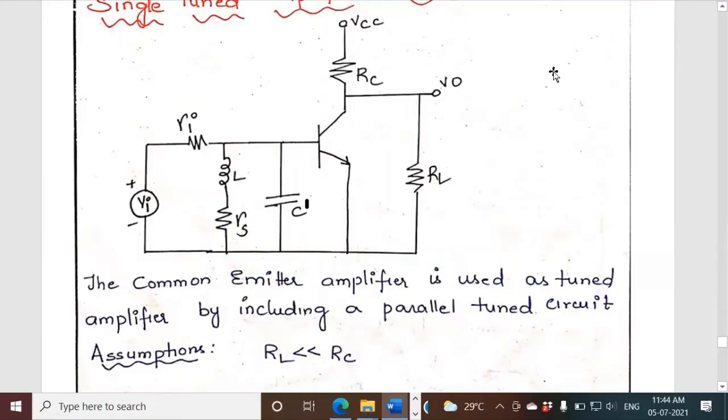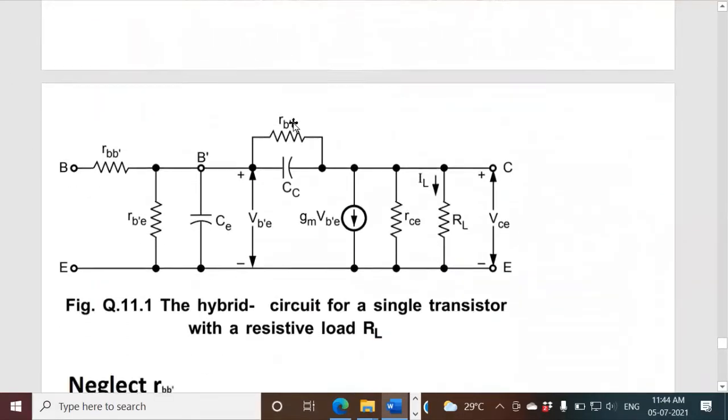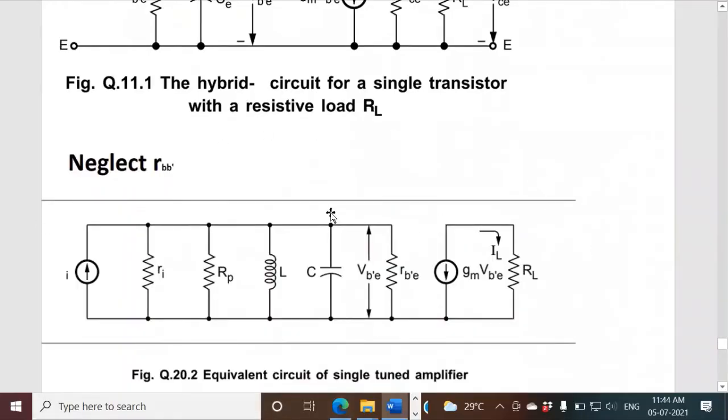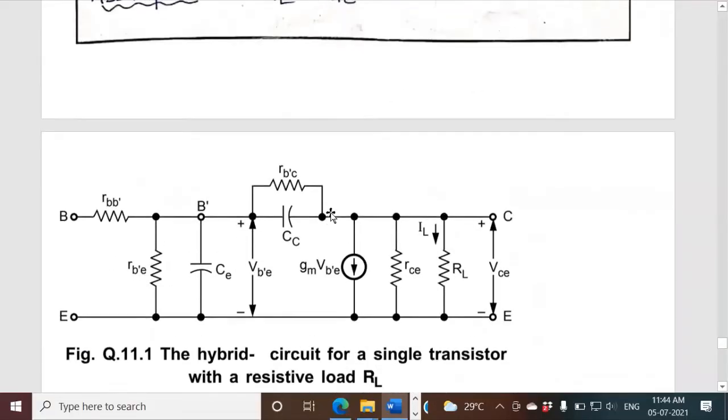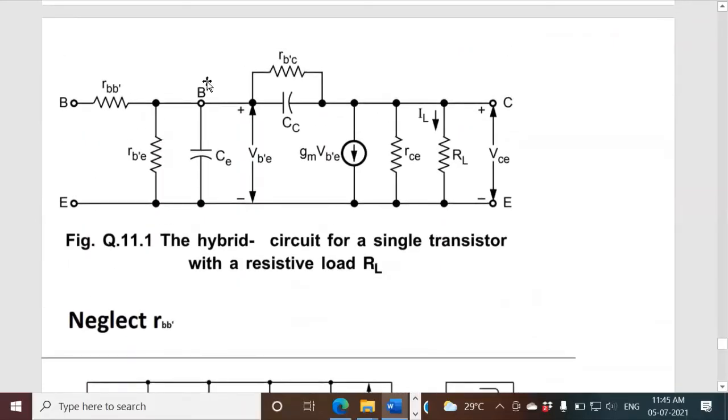Because of that, the current flow will happen through RL. We can neglect the current flow through RC and simply neglect RC. So first, neglecting RC, no RC here. Then this is the equivalent circuit.